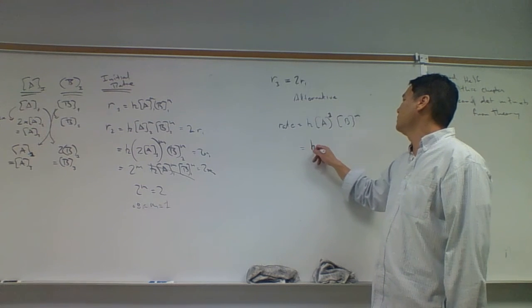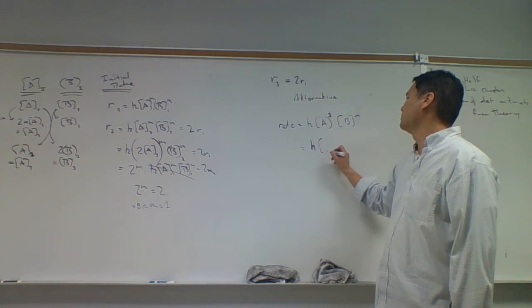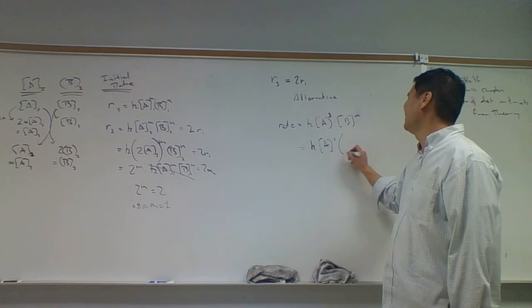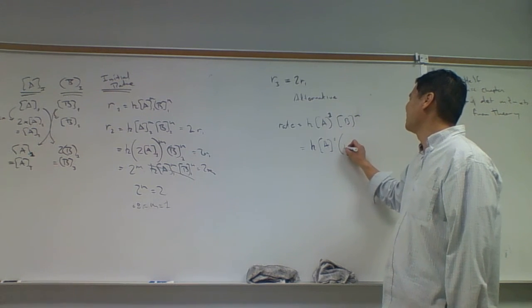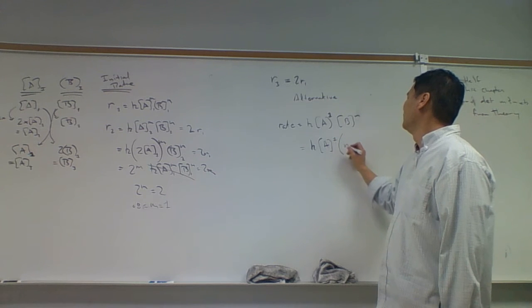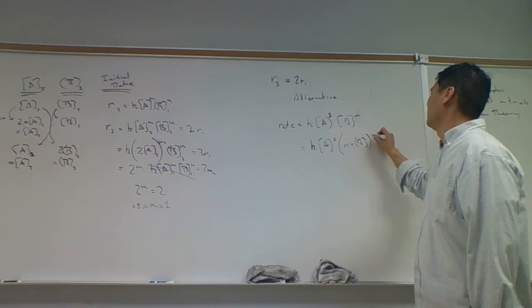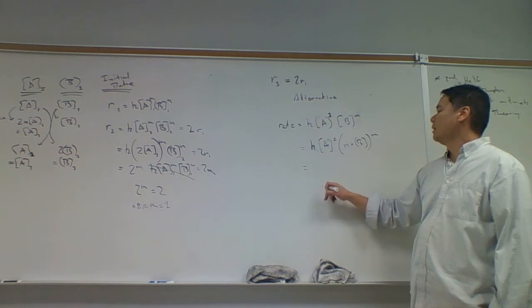As far as this goes, A is first order, and then what I'm going to do is think about doing this. I'm going to go n times the concentration of B to the mth. Is that H or K?